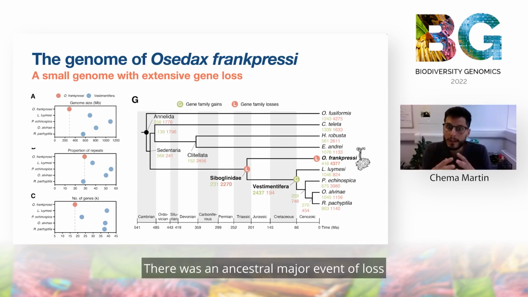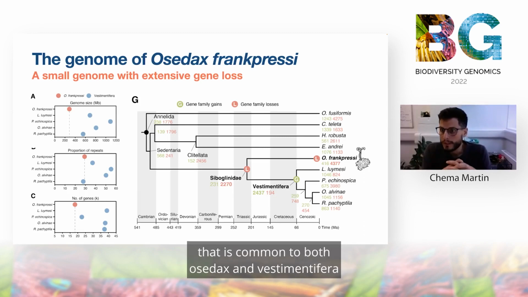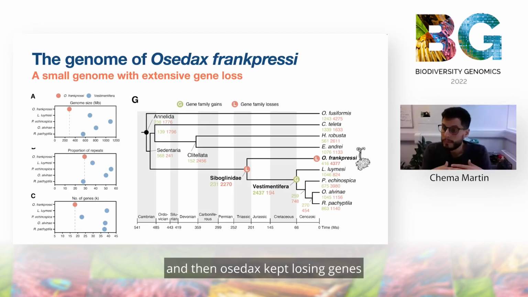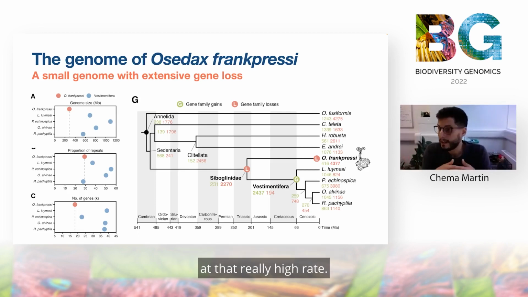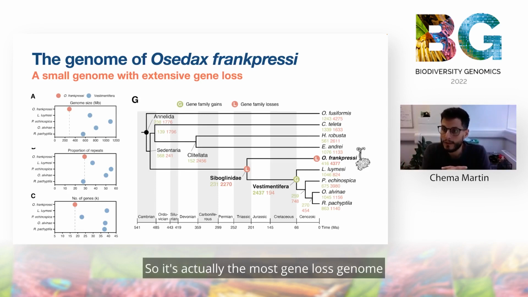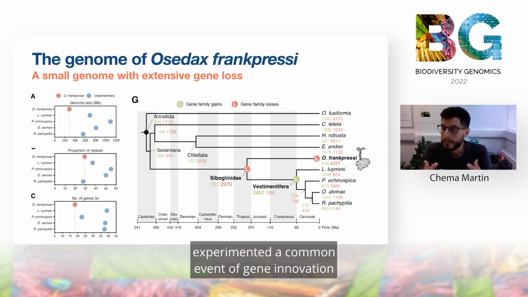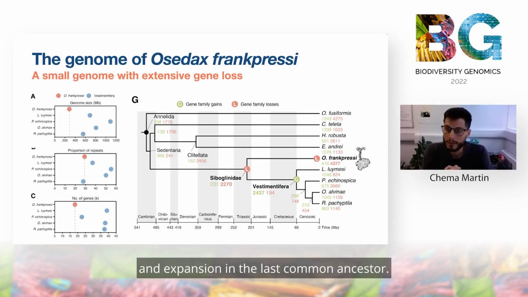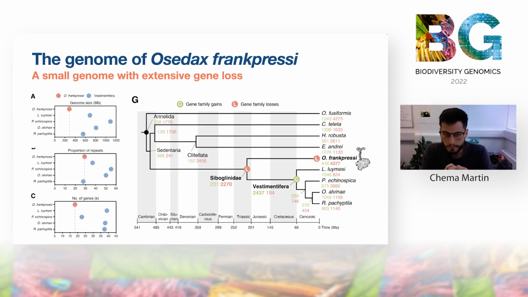There was an ancestral major event of loss that is common to both Osedax and Vestimentifera, and then Osedax kept losing genes at a really high rate. So it's actually the most gene-losing genome of any annelid sequenced today, while Vestimentifera, on the other hand, experienced a common event of gene innovation and expansion in the last common ancestor.